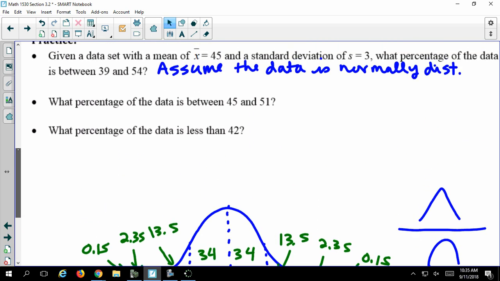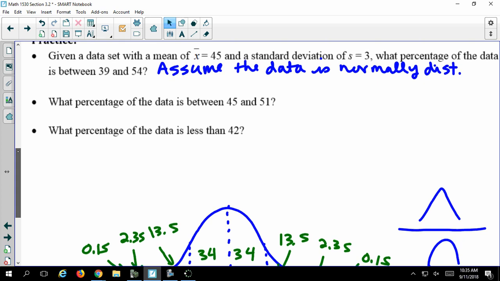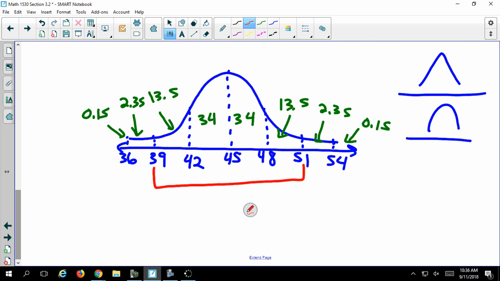So the first question is, what percentage of the data is between 39 and 54? So from 39 to 51 is what? That's 2 standard deviations, right?